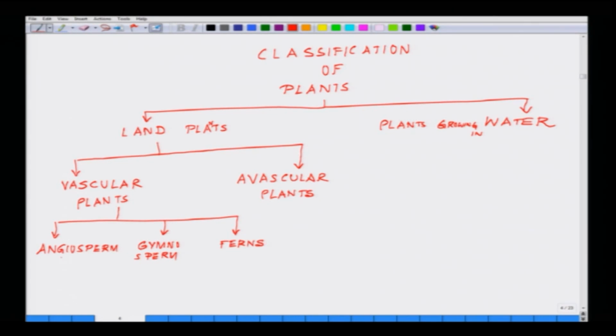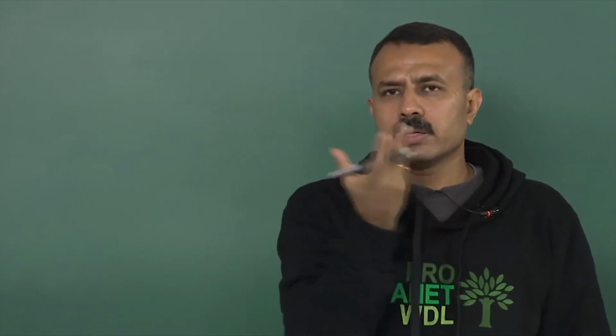So angiosperms are the ones in which the seeds are covered with a fleshy coating. These are plants like the mango or apple, where you see the seed is deep inside and it is covered by a complete fleshy edible matter.